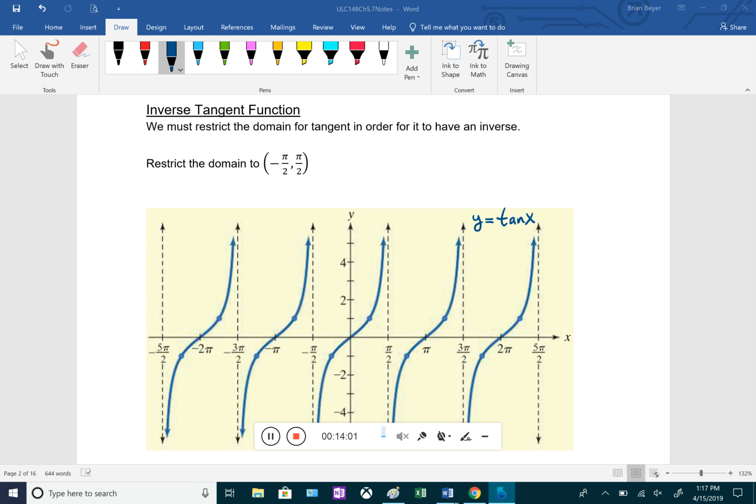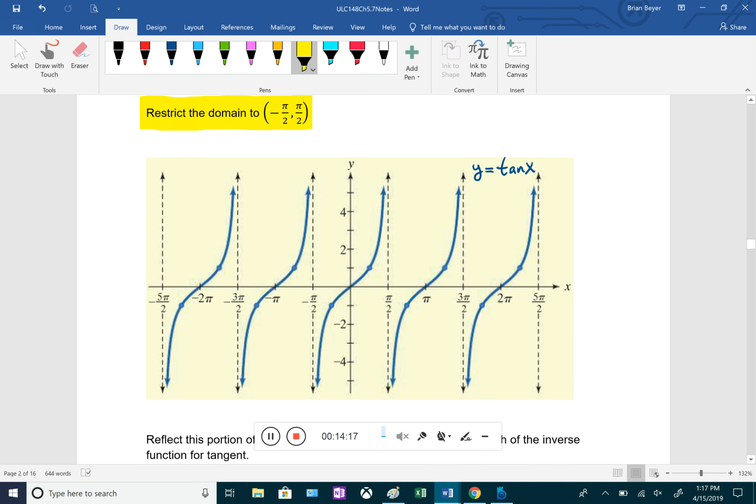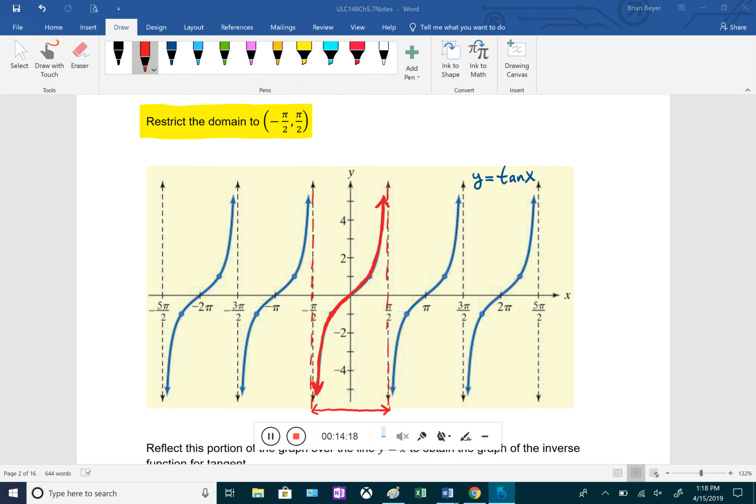So for the inverse tangent function now, we have to restrict the domain for this one also for the same reasoning as the other two. So we restrict this domain to from negative pi over 2 to pi over 2. So that's going to be that domain right there, just those two middle asymptotes.